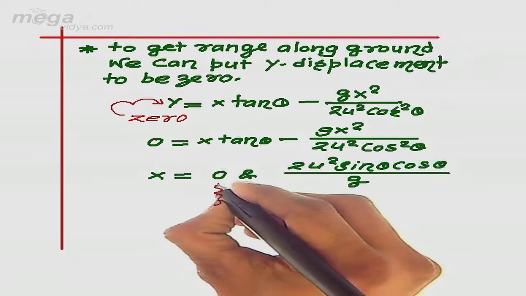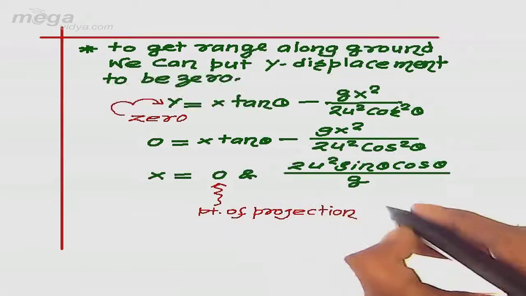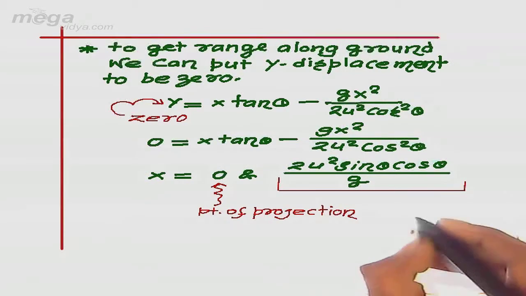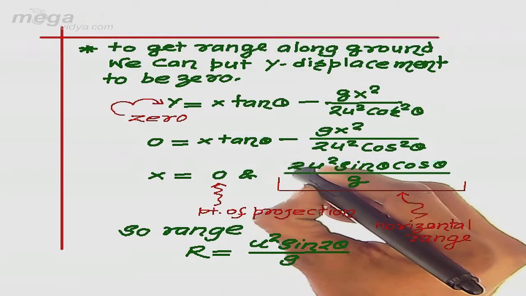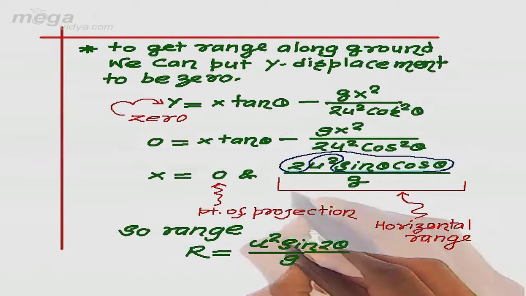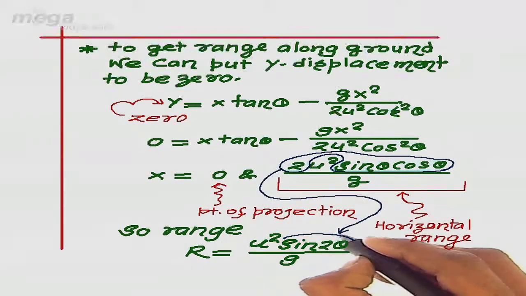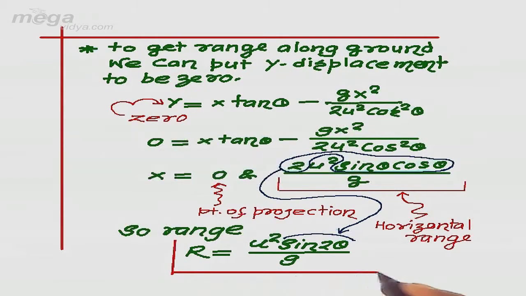Here the value 0 indicates the point of projection, while the other value of x represents the horizontal range. I have utilized 2 sin theta cos theta equal to sin 2 theta. So finally we got the range to be u square sin 2 theta by g, which is the correct answer as we discussed horizontal range in our previous sections.